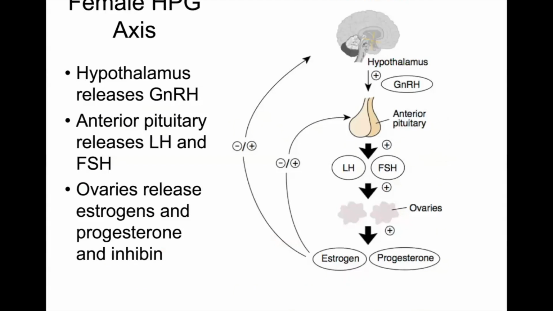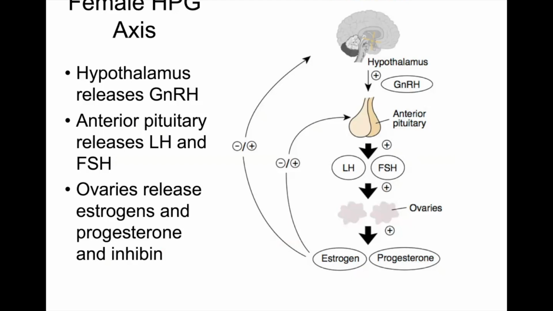Now let's switch to a broad overview of the female HPG axis, or hypothalamic pituitary gonadal axis. There are some similarities to what we just studied in males, but also some important distinctions as well.